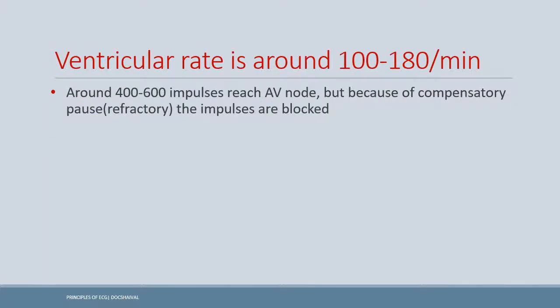Now the ventricular rate is about 100 to 180, and that's simple because you must be aware of the AV node compensatory pause: the AVN has to undergo a certain refractory period, and the impulses that arrive at the AVN during this time are blocked, and this causes a lower ventricular rate in atrial fibrillation.